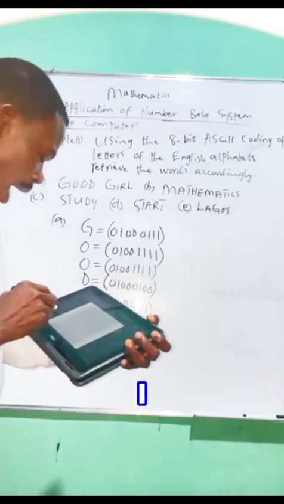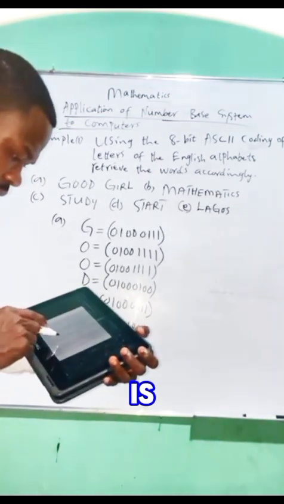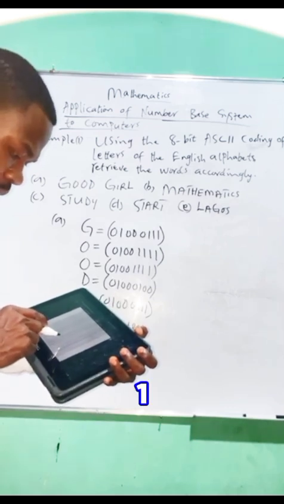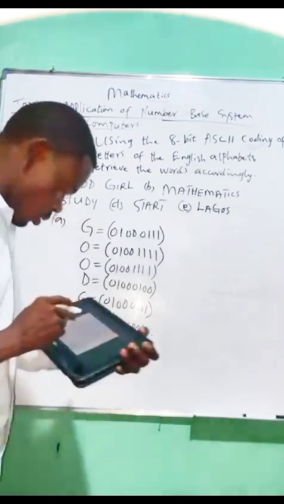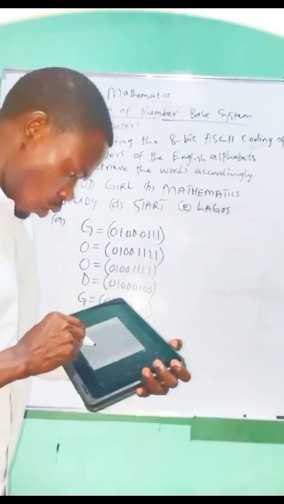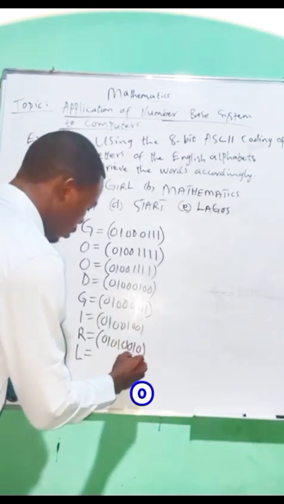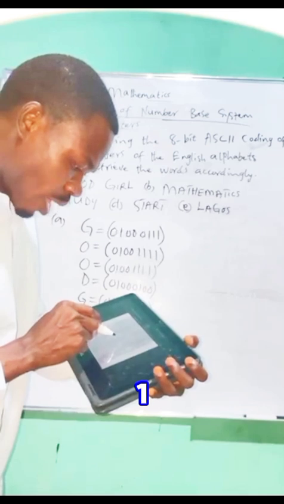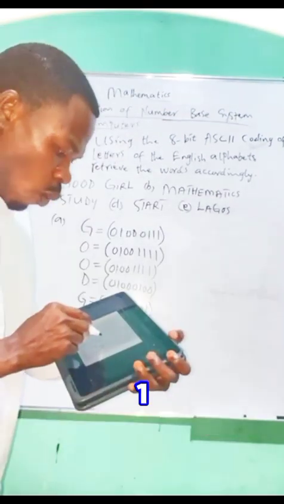That is for the I. And for the R, R is 0101 0010. And the L, L is 0100 1100.